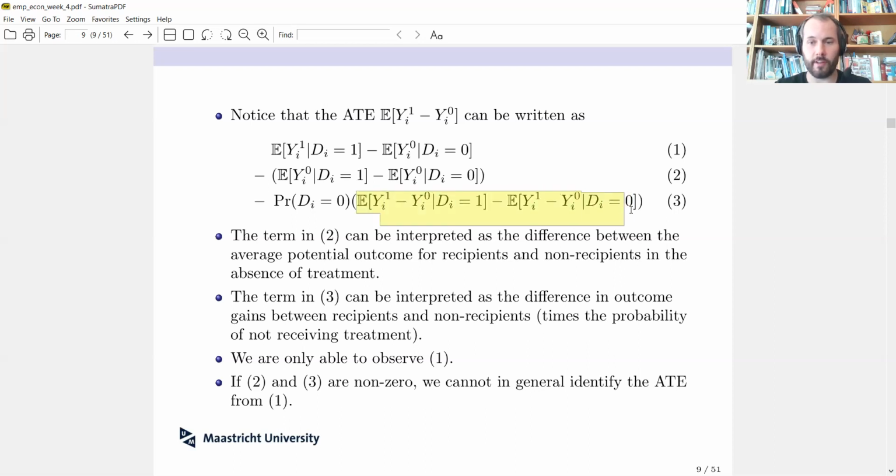In that case, this term would be non-zero. Now, what we see is that if these terms, 2 and 3, are non-zero, we cannot identify the average treatment effect from the first line, which is the only thing that is observable. Okay, that's a problem.